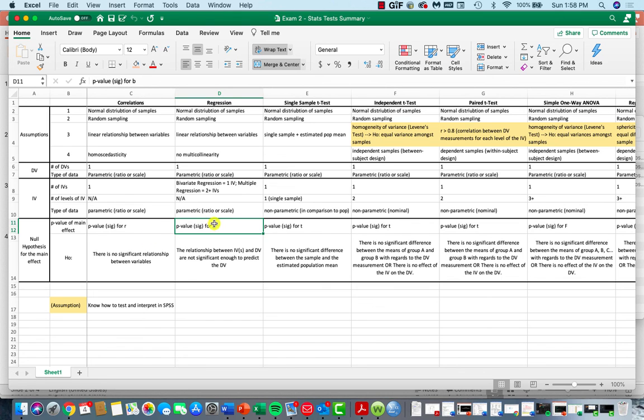So we're actually going to be looking or evaluating, right, the coefficient b for a given independent variable, saying, is this relationship between the independent variable and the dependent variable significant enough to be able to predict the dependent variable? Null hypothesis would say that whatever the value for b is for a given independent variable is not significant enough to predict a dependent variable.